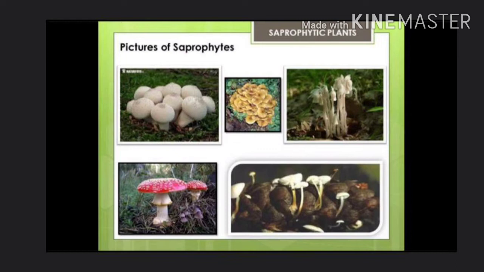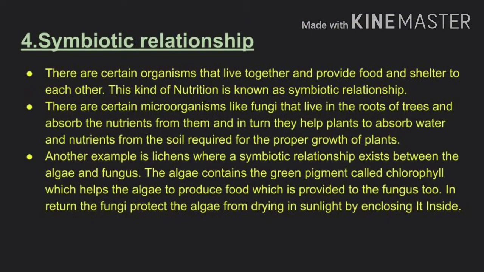Now, the last mode of heterotrophic nutrition is a symbiotic relationship, and the mode is called symbiosis. First of all we need to understand what this term symbiosis means. It means a mutually beneficial relationship between different groups or people or any two organisms.